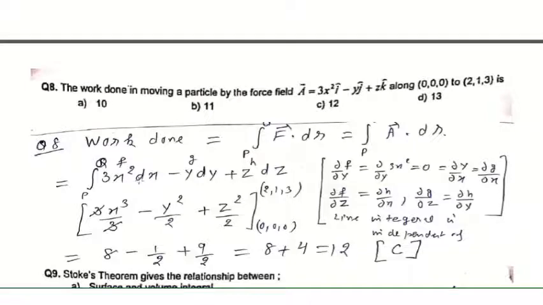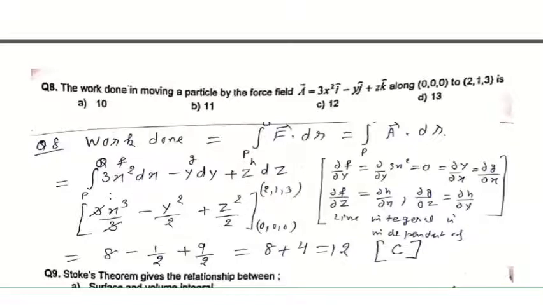Now observe the condition for the line integral to be independent of the path of integration, where we need not convert it into parametric form. We can avoid the parametric form if the derivative of the coefficient of dx with respect to y and z is 0, the coefficient of dy with respect to x and z is 0, and the coefficient of dz with respect to x and y is 0.